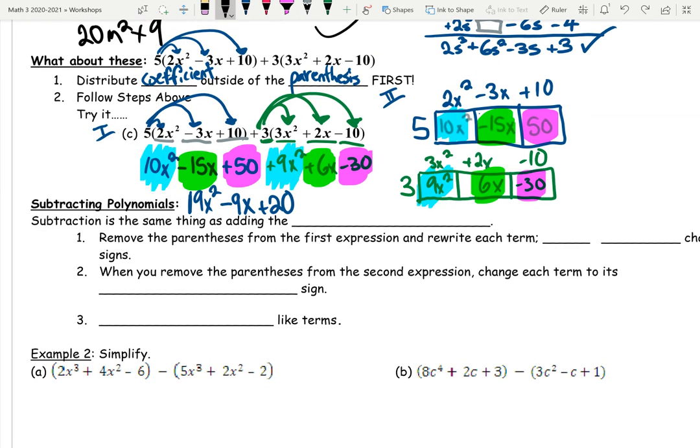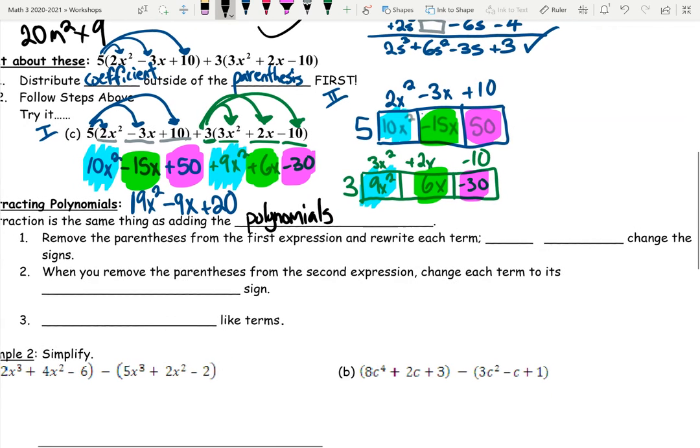So essentially, subtracting polynomials is going to be the same thing as adding them. You're going to remove the parentheses from the first expression and rewrite each term.